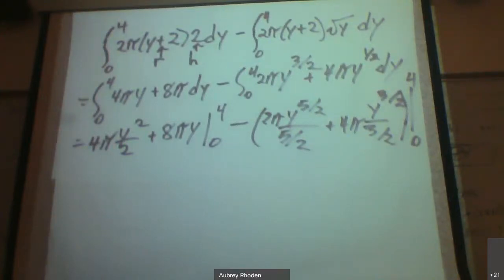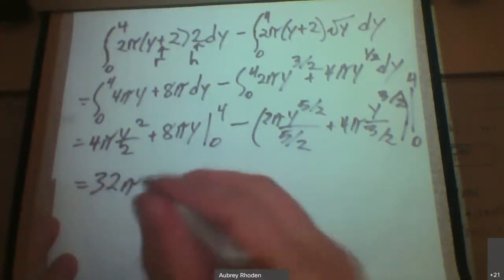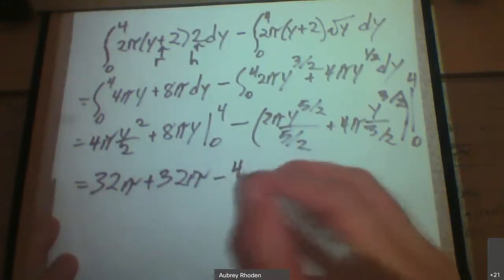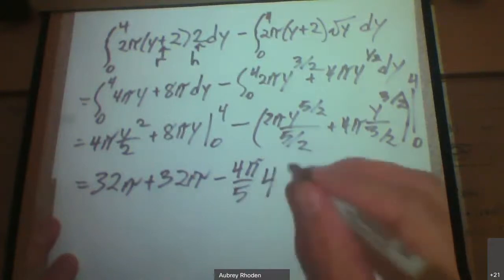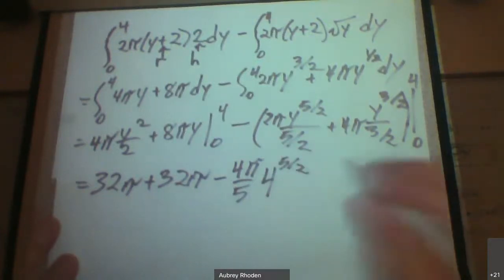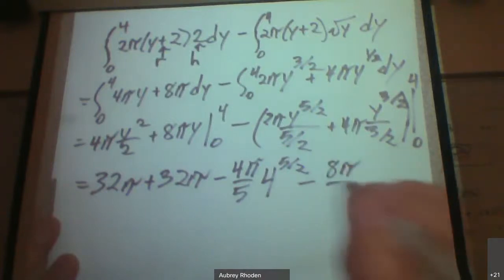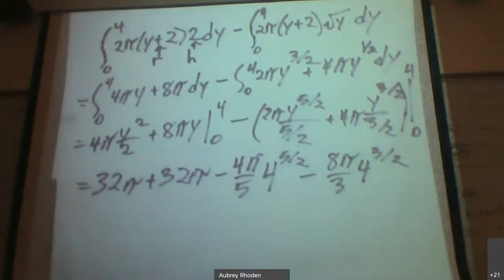8 times 4 is 32. y squared is 16, and 16 divided by 2 is 8. And so this ends up becoming 32 pi plus 32 pi minus 4 pi divided by 5 times 4 to the 5 halves, and then minus 8 pi divided by 3 times 4 to the 3 halves.